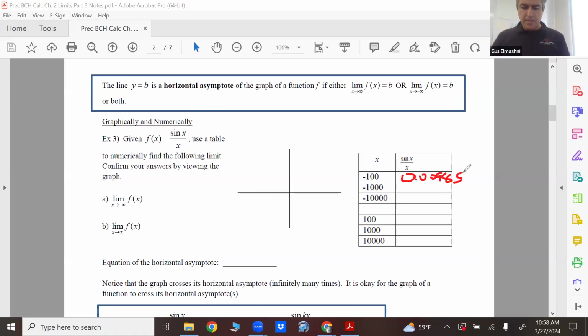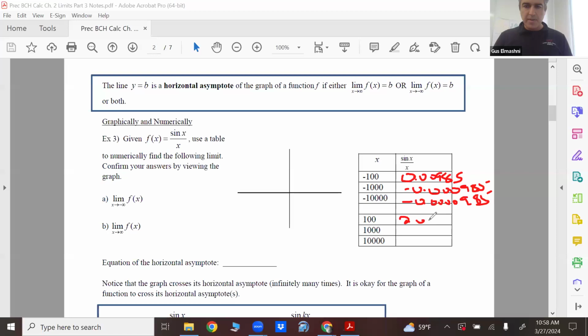0.00985, I'll round up. If I plug in 1,000, it's negative 0.00985. And I kind of imagine the same thing, negative 0.0000985. And if I do 100, that's interesting.